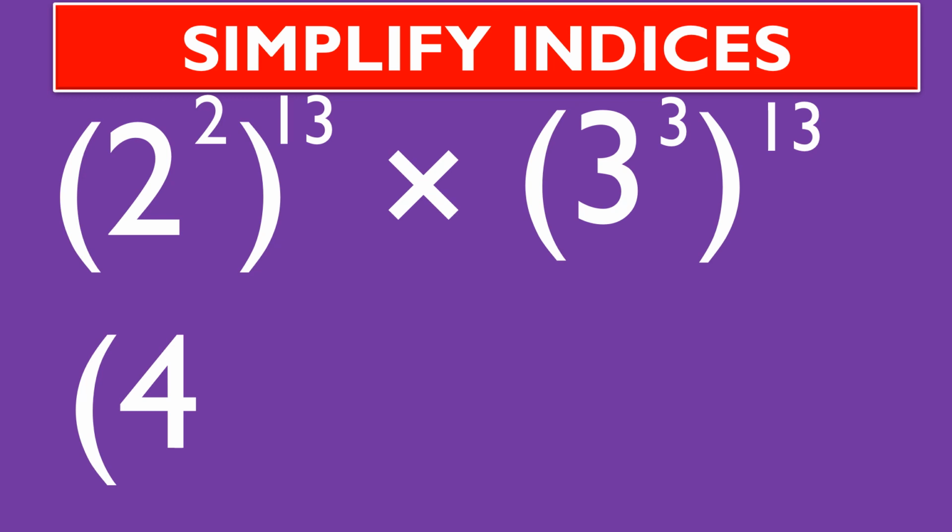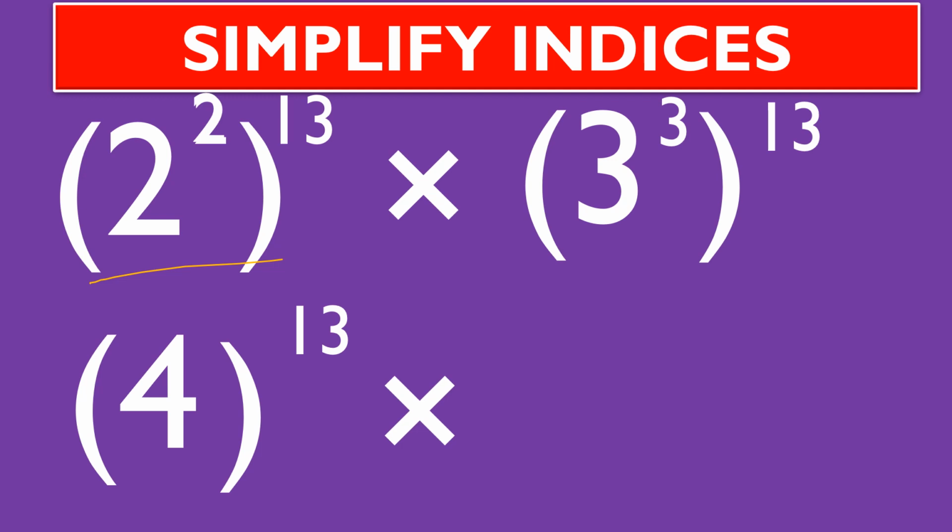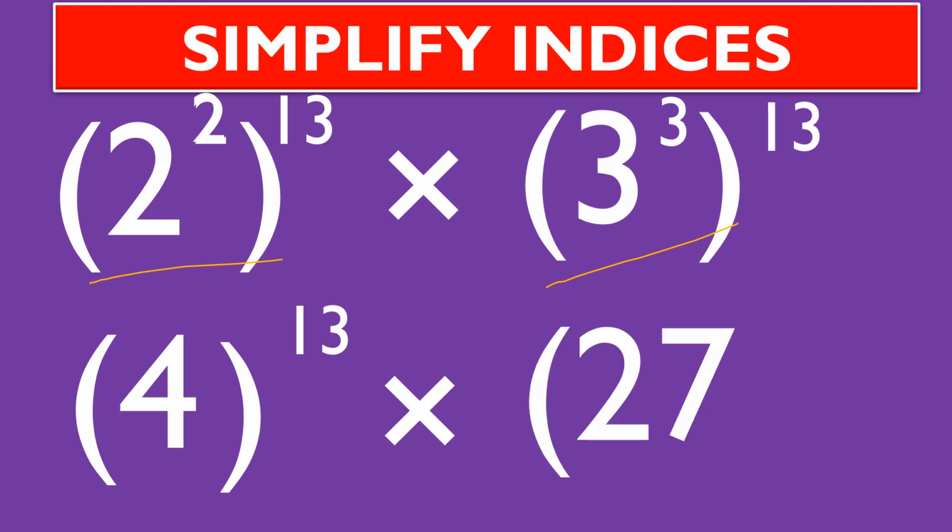So let's simplify further. Your 2 raised to the power of 2 here is the same as 4. So we now have 4 raised to the power of 13. And then we're multiplying it by 3 raised to the power of 3 within the brackets, which is 3 times 3 times 3. 3 times 3 is 9. 9 times 3 is 27. So we have 27 all raised to the power of 13.